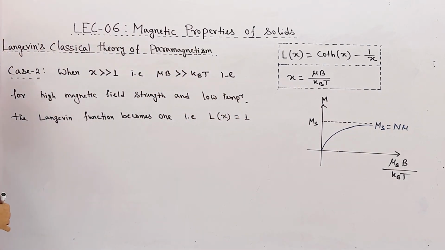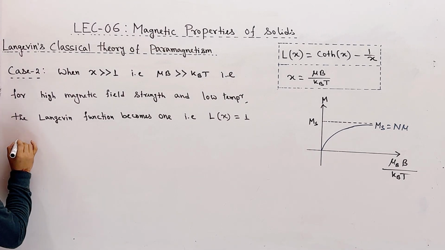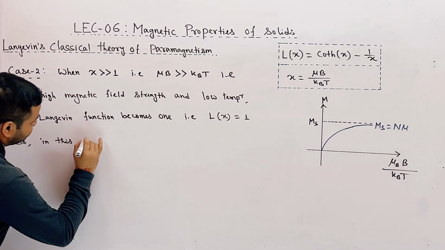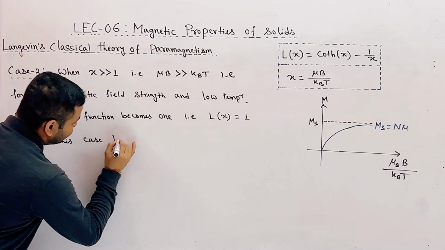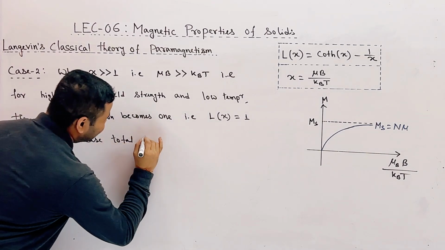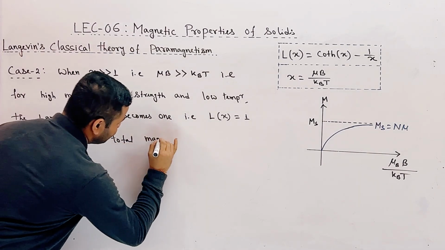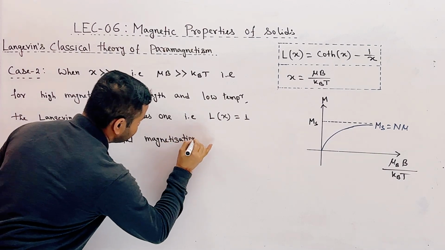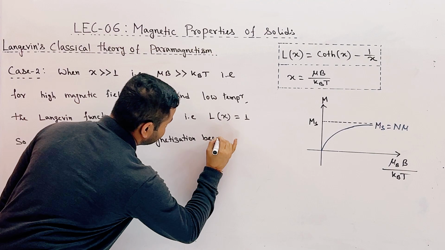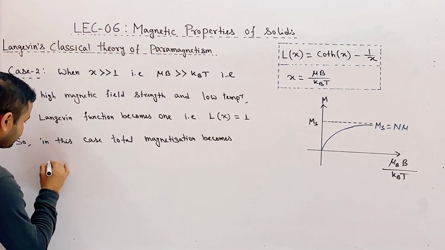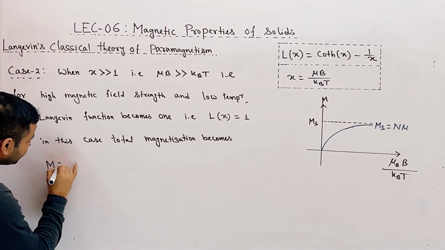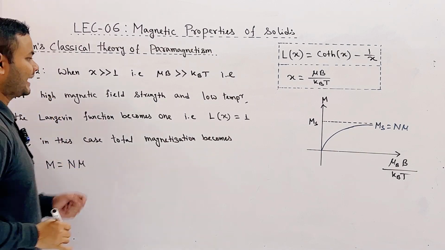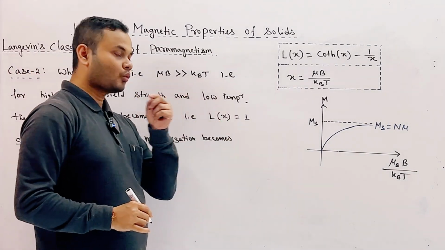So in this case the total magnetization becomes M equal to n mu into L(x). Here L(x) is 1.